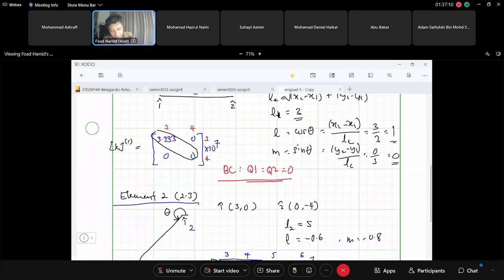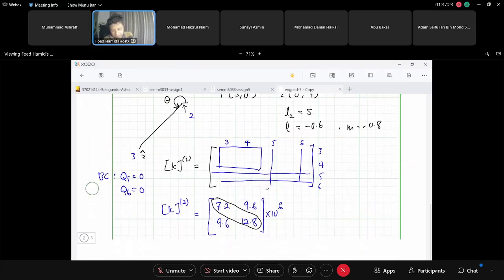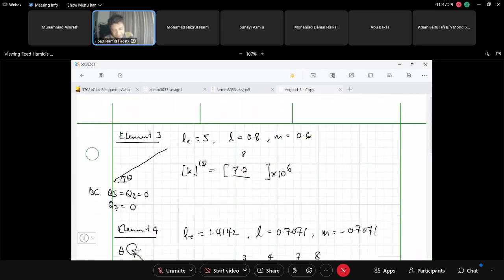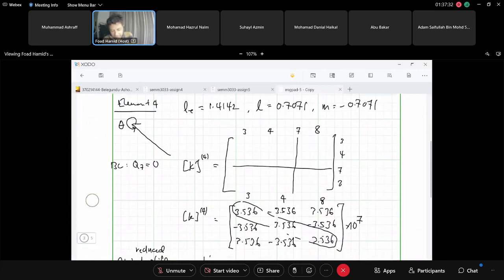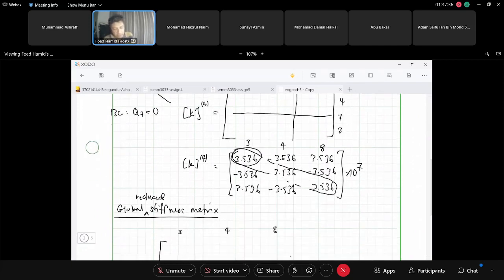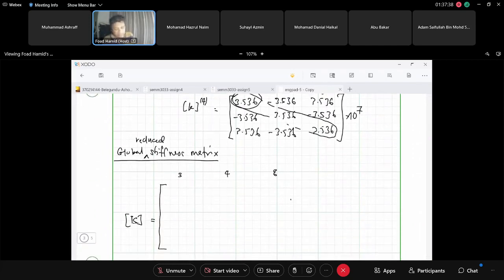So if we take a look at element number 1, this is one of them, 33.33. And then element number 2, this is 3 and 4, so this is another one. And element number 4, this is the other one. So we have 3 contributions. So in this case, let me use a different color.